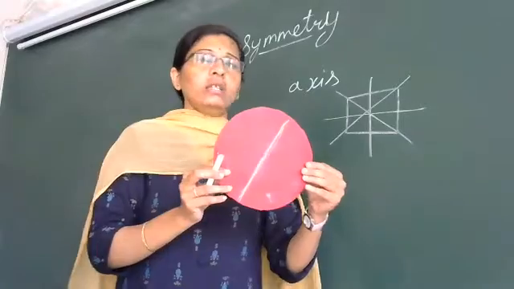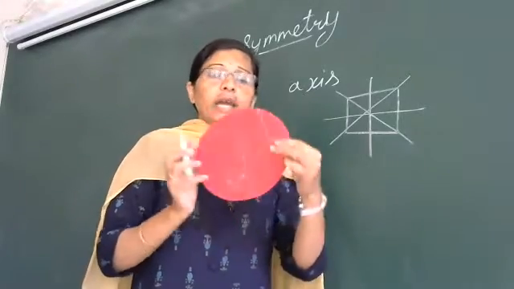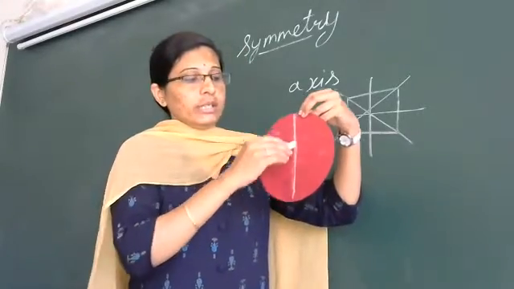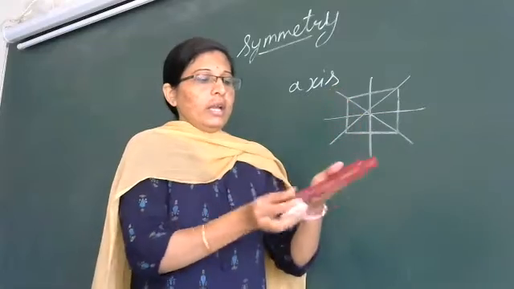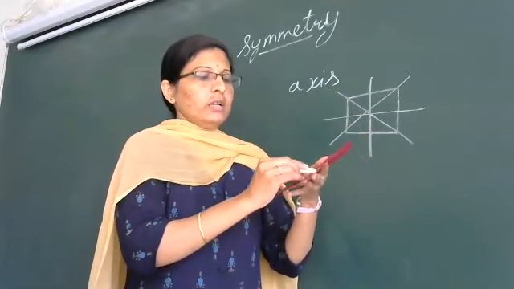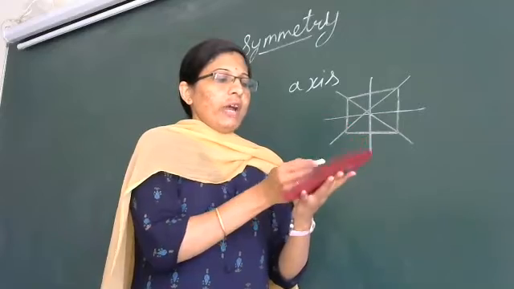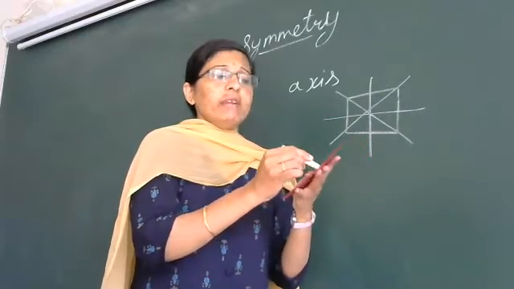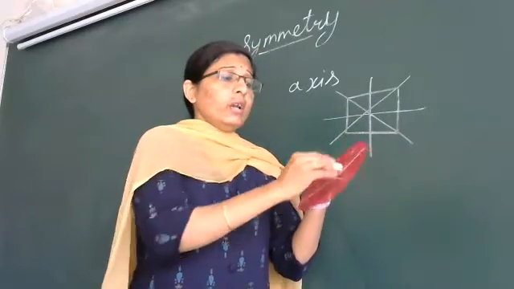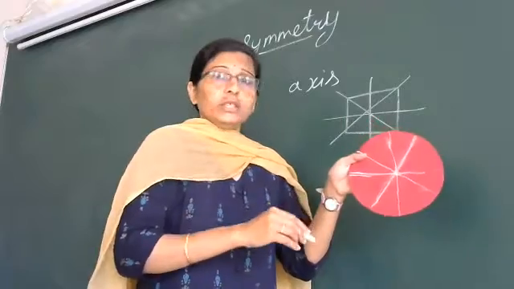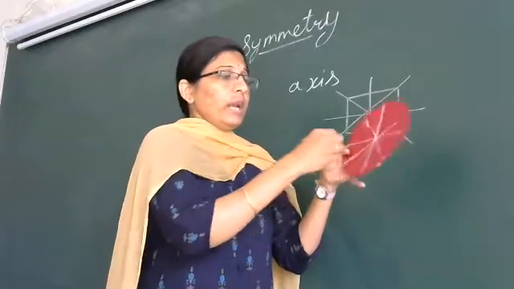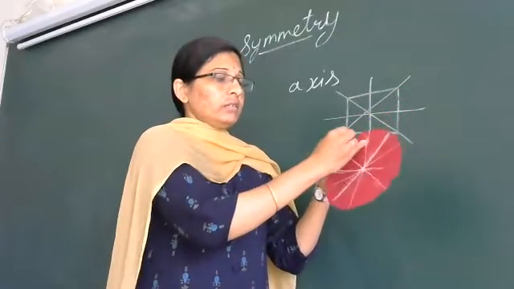If I take a circle, how many lines of symmetry do I get? See here. This is one line of symmetry. If I fold in the middle, I'll get one more line of symmetry. If I fold like this, we will get all identical only. See here. Circle, how many lines of symmetry am I getting?